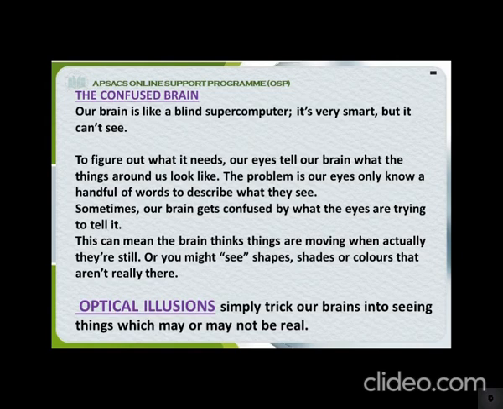Sometimes our brain gets confused by what the eyes are trying to tell it. This can mean the brain thinks things are moving when actually they are still, or you might see shapes, shades or colors that aren't really there. So basically, optical illusions simply trick our brains into seeing things which may or may not be real.